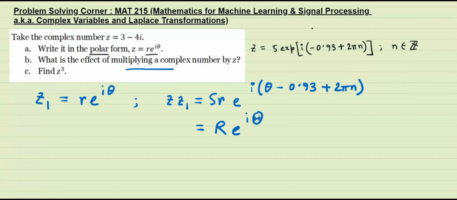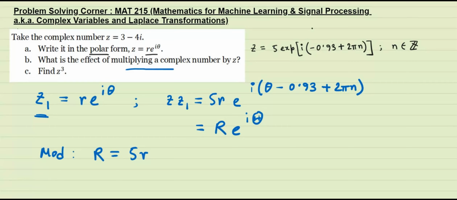So what happens to the modulus? The modulus of this new number is 5 times r. Originally the number we took, z1, had modulus r, and now the modulus has been multiplied by 5.